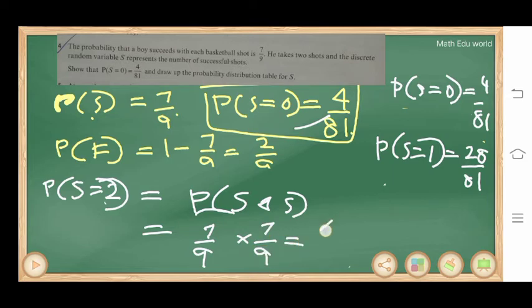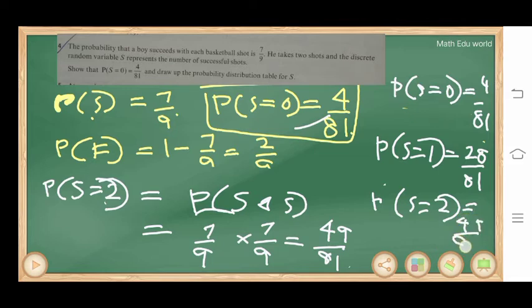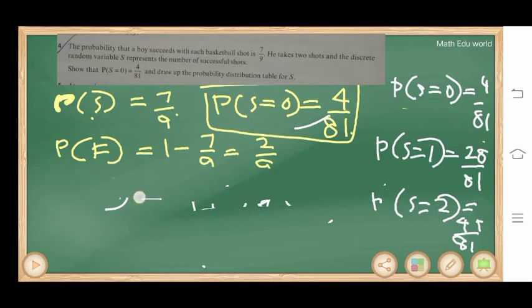So we get the result as 49 divided by 81. So P of S equal to 2 is 49 divided by 81.